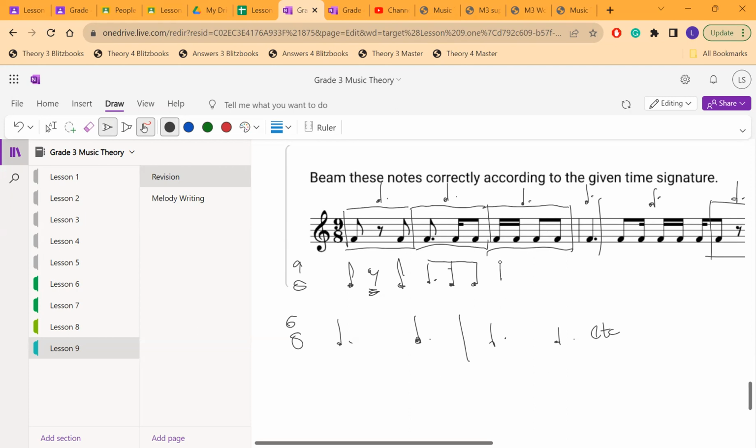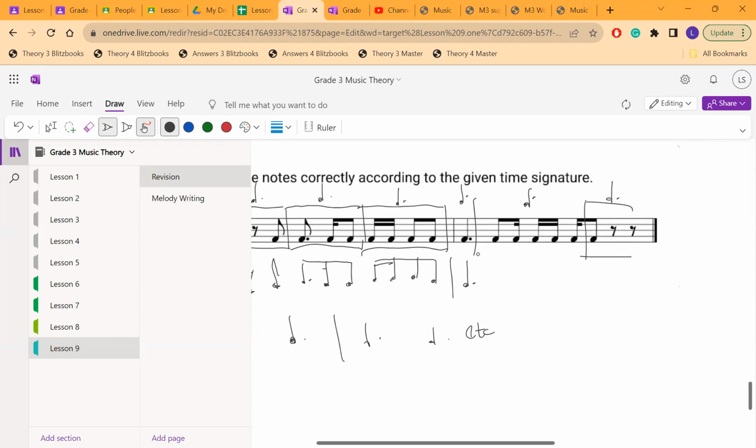With this one, again, semi-quavers and quaver, you need to do this. After the bar line, the dotted crotchet stays as a dotted crotchet. You can beam this entire thing together.